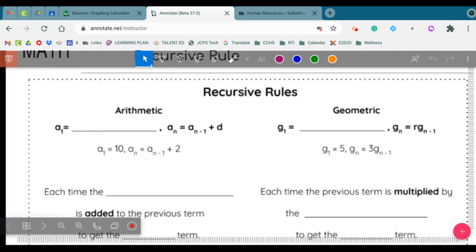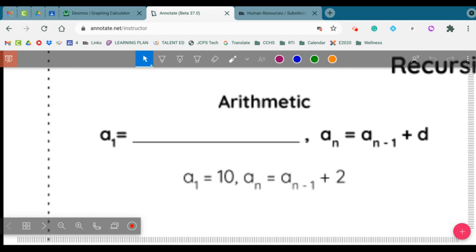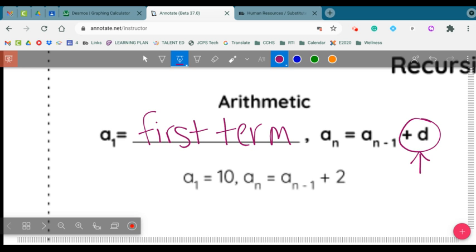So for arithmetic, we have a sub 1 equals. The a sub 1 will equal what we call your first term. And then you'll have a sub n equals a sub n minus 1 plus your d. Your d is where your common difference will be.